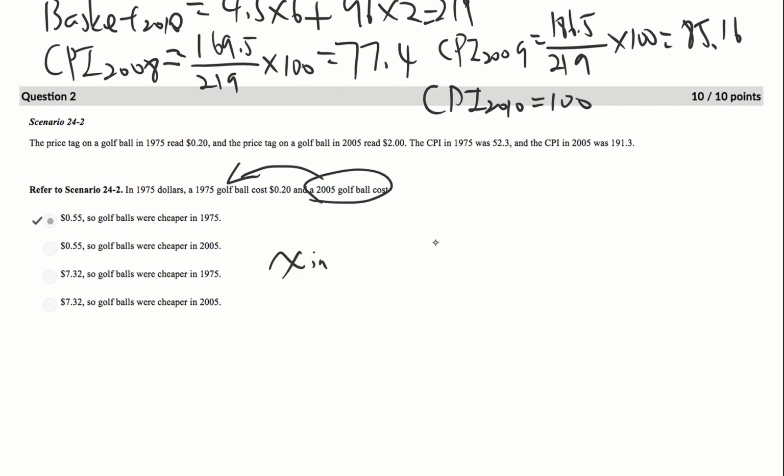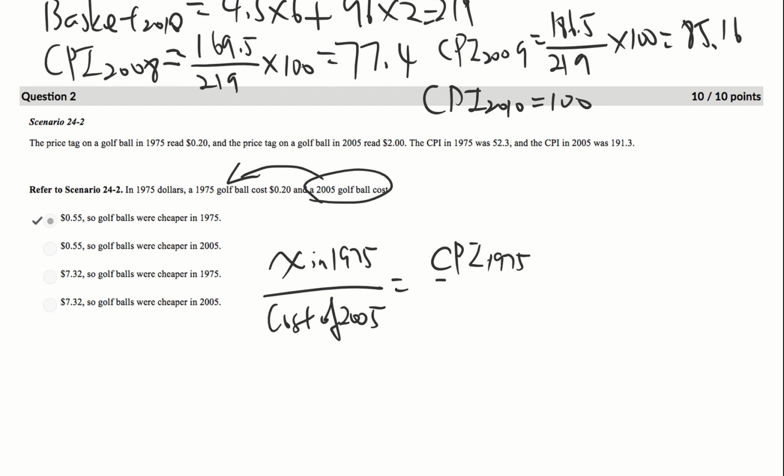This is how much it cost in 1975, divided by the actual cost in 05, the cost of 2005, equals the CPI in 1975 over the CPI in 2005.